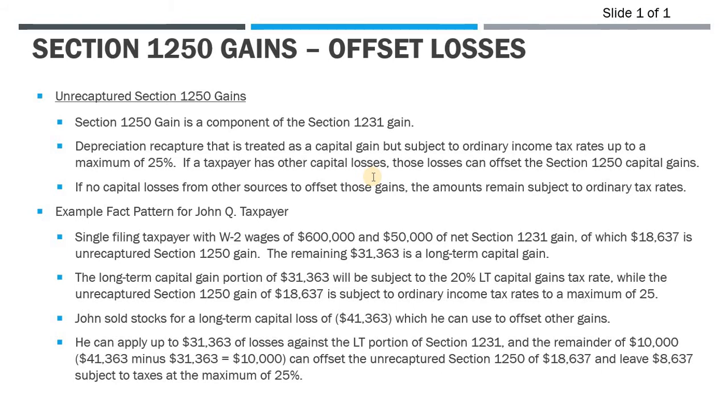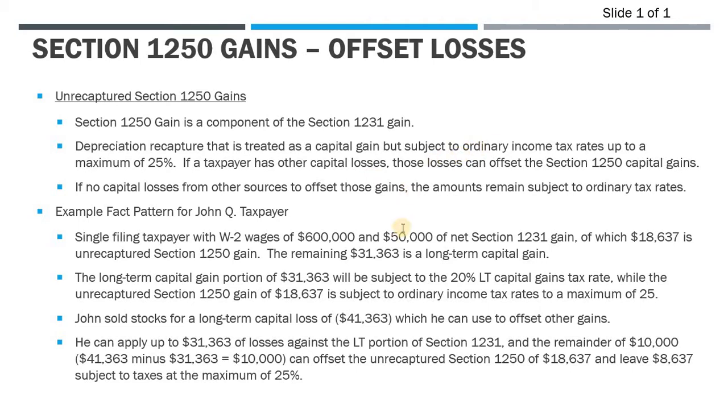If we had a pure ordinary income amount that was being recaptured, we can't offset it completely with other capital losses, right? Remember, we're limited to that $3,000 capital loss limitation per year. So when we have 1250 gains, it's really great because if we have losses from other sources, we can offset them completely.